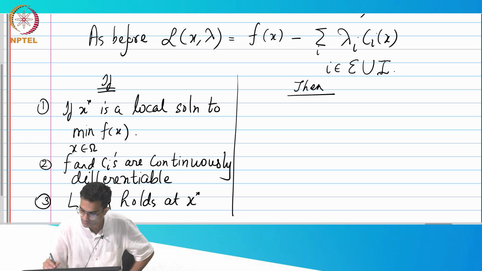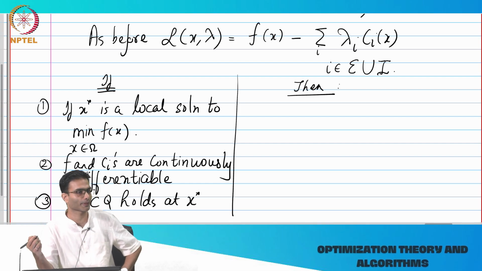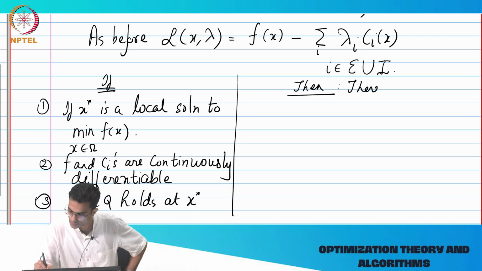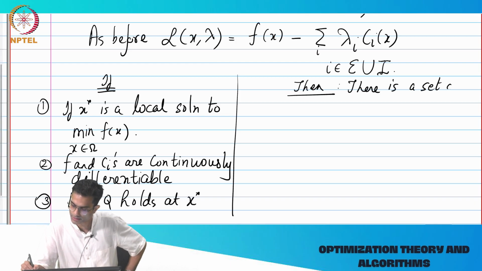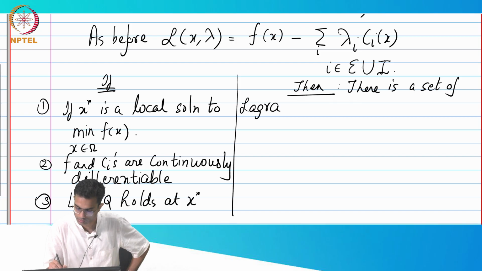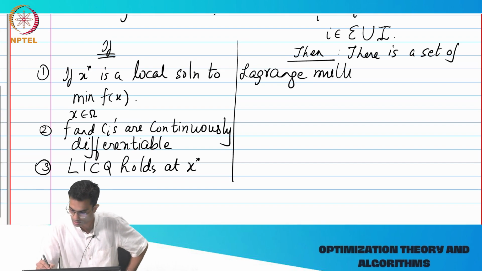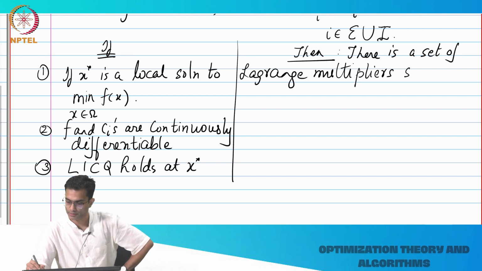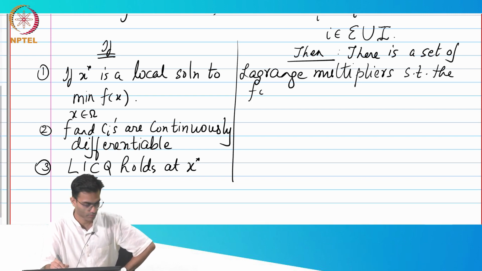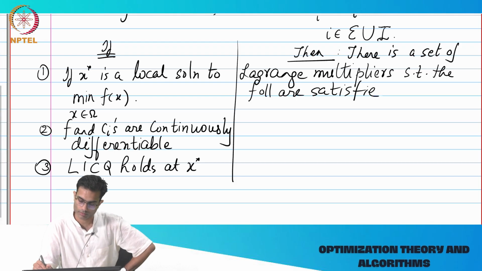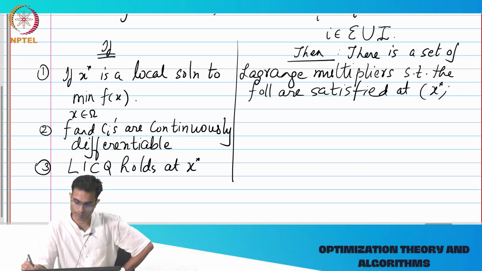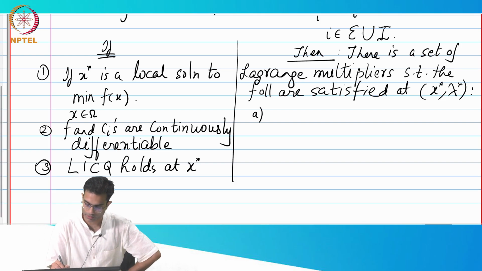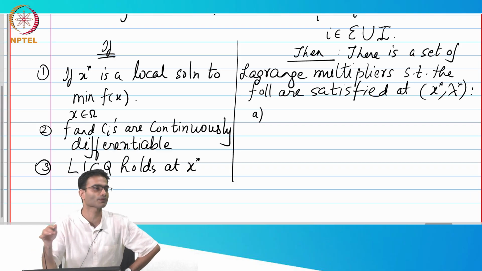Then there is a set of Lagrange multipliers lambda_i star, such that the following are satisfied at the optimal point. So what are these things that are satisfied? This is what we have already studied. We're just going to formalize this.